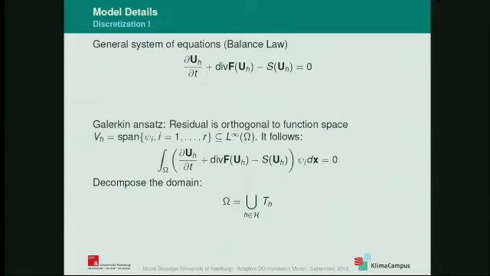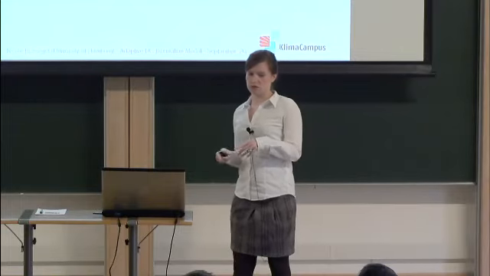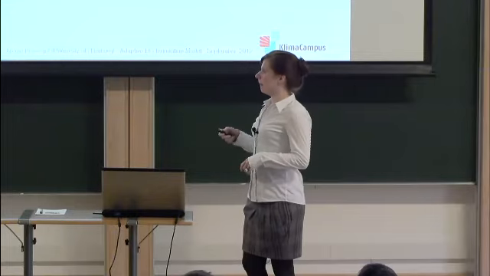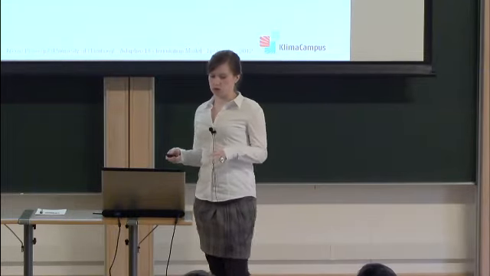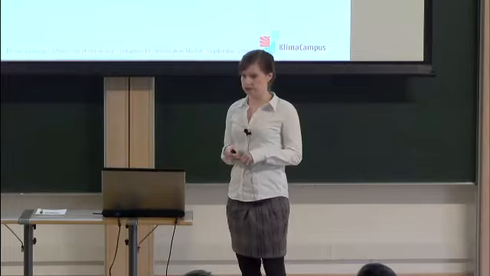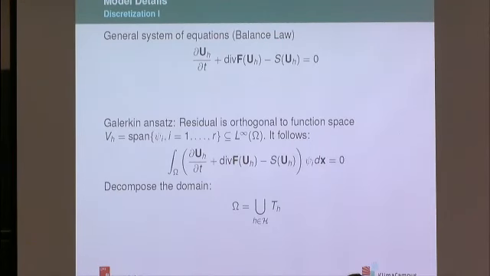In our case, we choose a space that consists of linear polynomials, for example, or polynomials on triangles piecewise. So we don't want to have global continuity because it's a DG method. We also allow discontinuities over the edges.